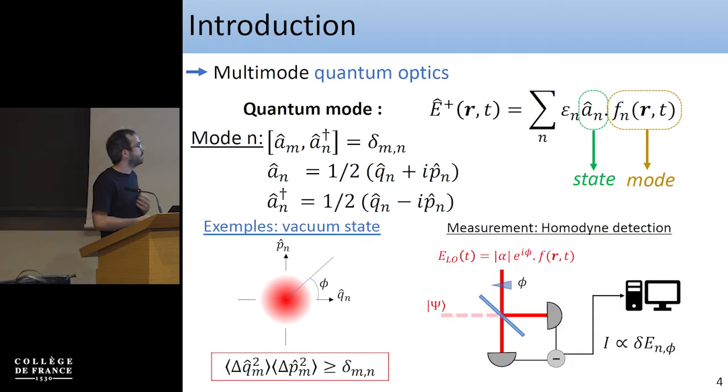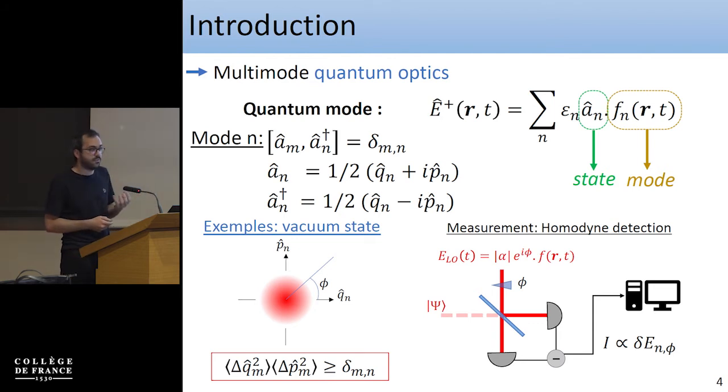So in the lab, we use what we call a homodyne detection. It's a projective measurement. We have this state, phi, we want to measure, and it's interacting with a local oscillator here. And we shape this local oscillator with the mode f, which is the same as the mode of the state phi.